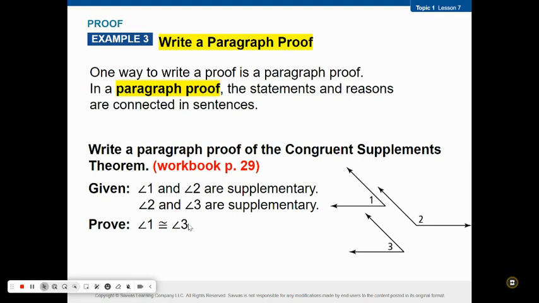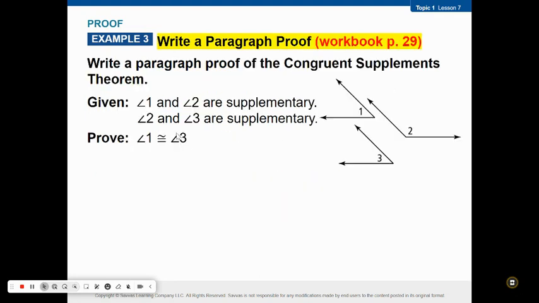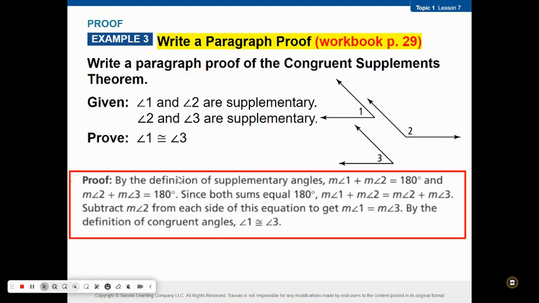Okay? So it's just sentences. Don't read too much into that. It's the same thing. They went a little bit more into it, but you don't need to go nuts.